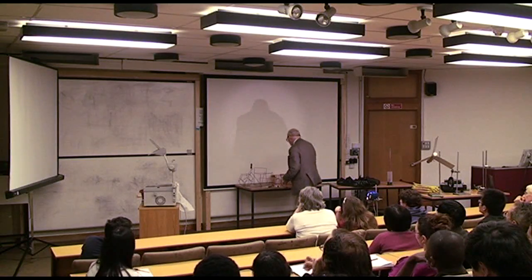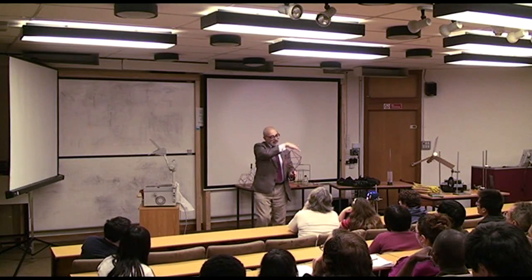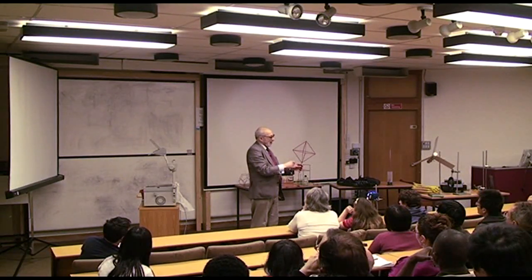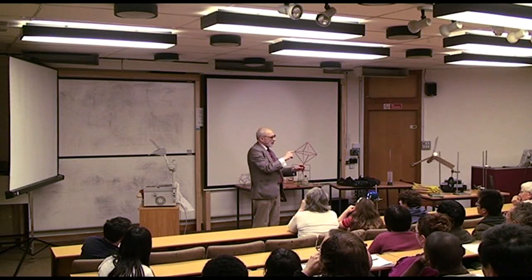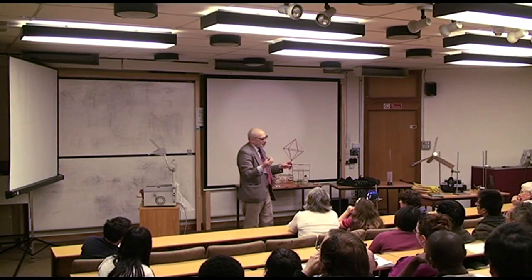When you come on to more complicated frameworks like this one here, the octahedron, which also has 12 faces and 6 edges, it's possible to have more than one minimum surface.